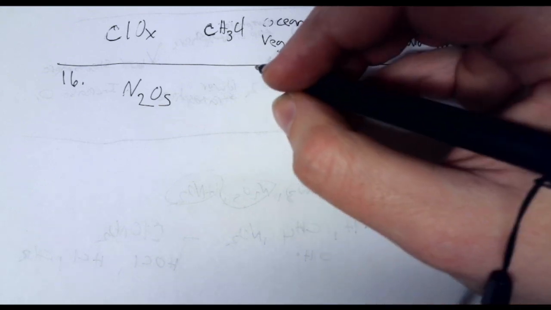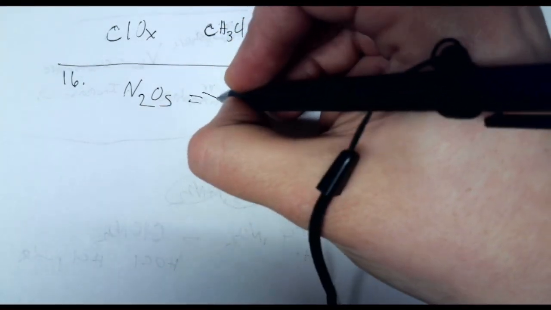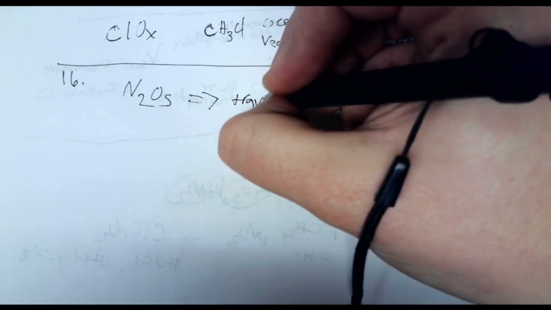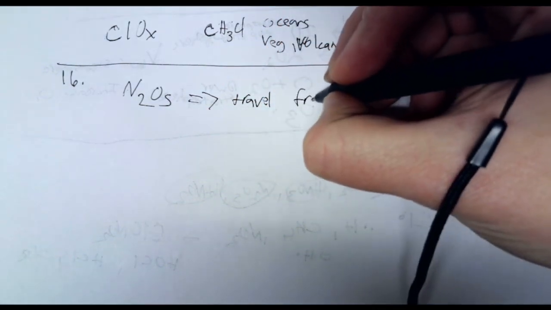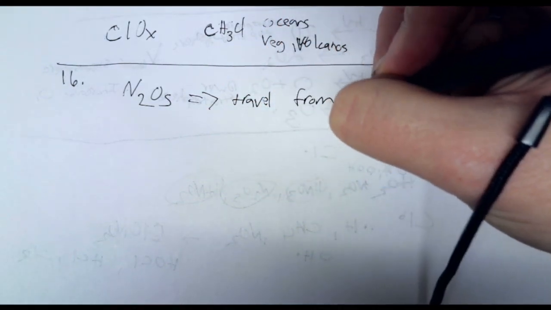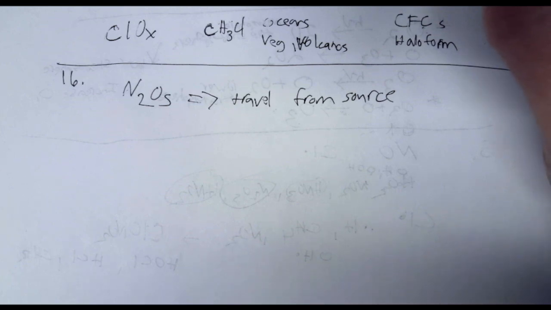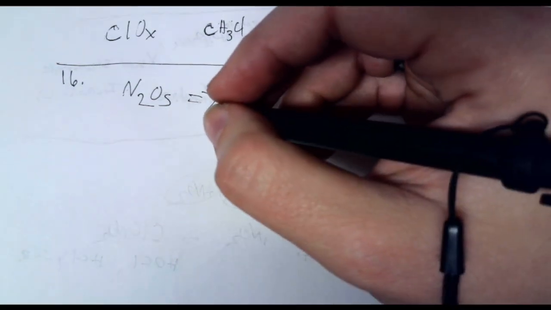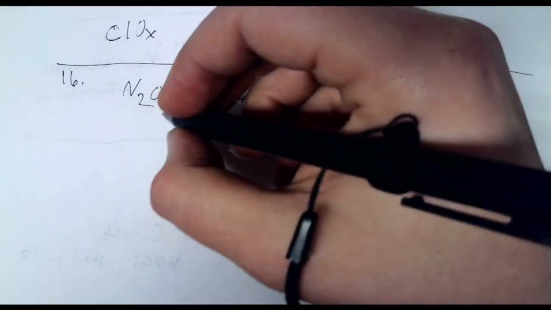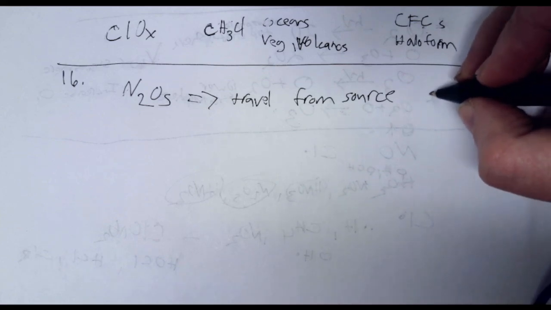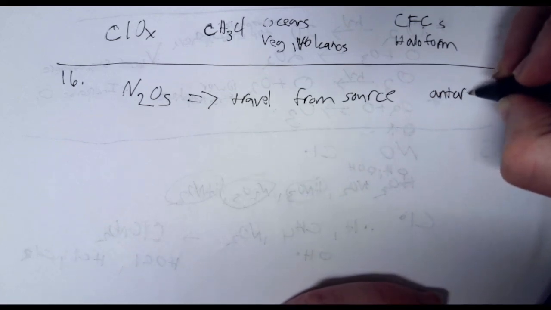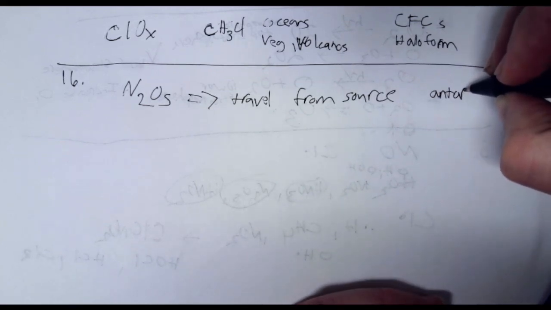Now this N2O5 can then travel far from the source. So now the problem becomes a future problem, possibly somewhere where it can't necessarily be dealt with as easily, or it spreads the problem out. It does not remove the species. So, for example, it travels to Antarctica, where we have our ozone hole.